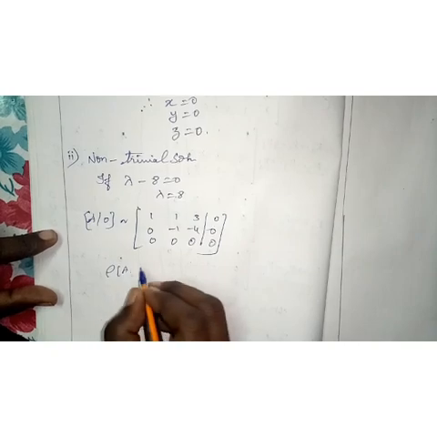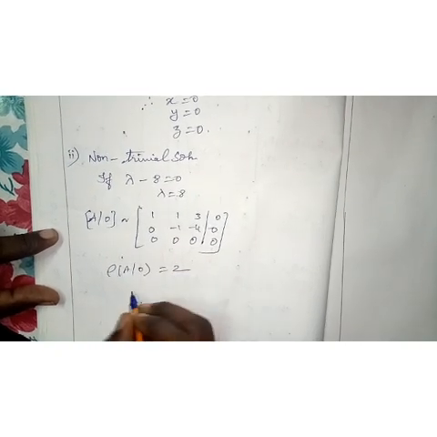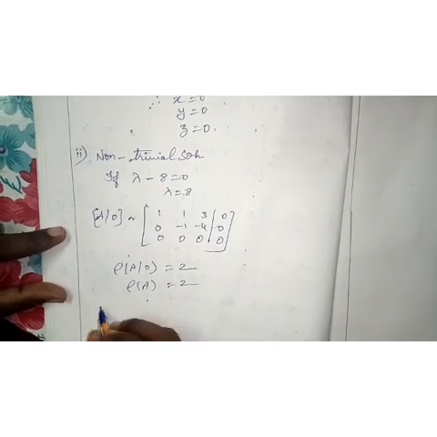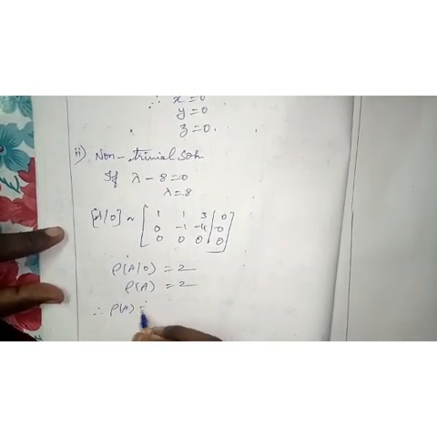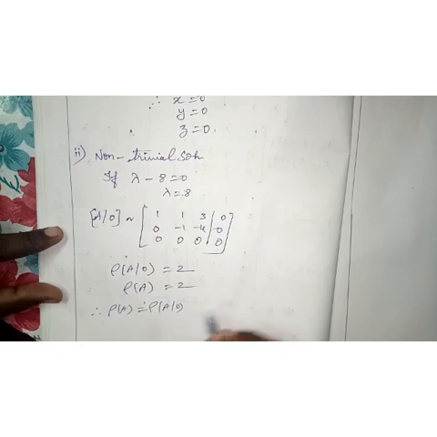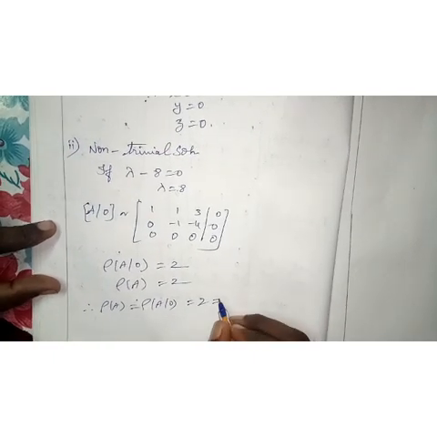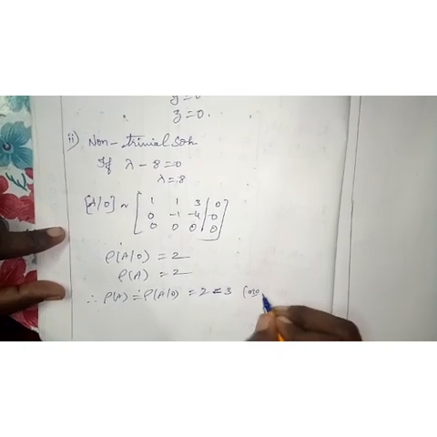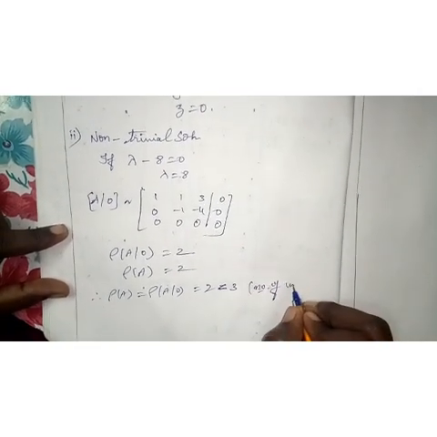Now write down rank of A bar O equal to 2, rank of A is 2. Therefore rank of A equal to rank of A bar O equal to 2, which is less than 3, the number of unknowns.